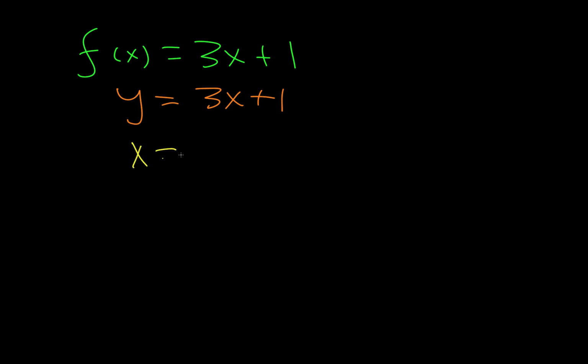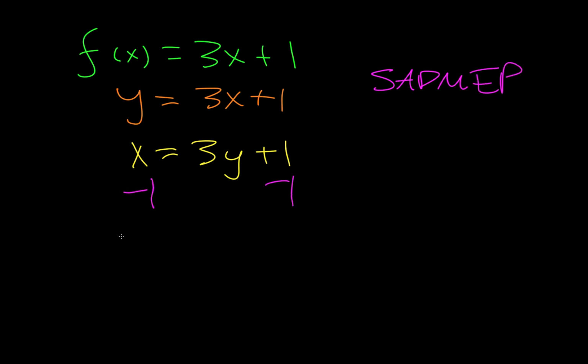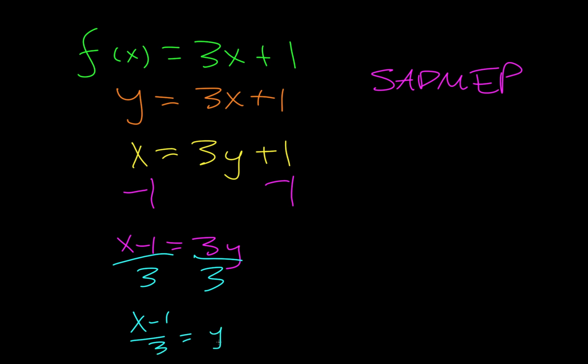So now it's x equals 3y plus 1. This x became a y, this y became an x. Then from here on out, you just follow SADMAP and solve for y. So we will subtract 1. We get x minus 1 equals 3y. And the last step on the algebra is to divide both sides by 3. x minus 1 over 3 equals y.